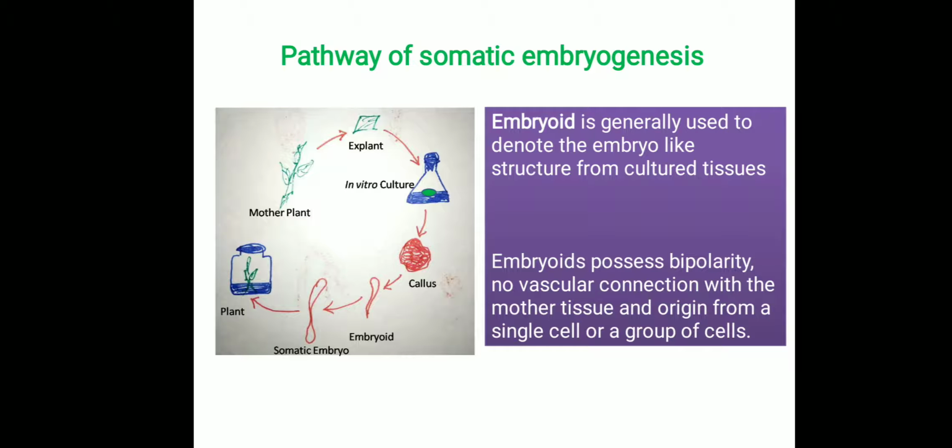From the embryoid, it further matures into a somatic embryo. Then each somatic embryo is capable of producing one plant. Since it is bipolar and carries future shoot and root cells, there is no need to induce the shoot or root with different growth hormones like auxins and cytokinins.